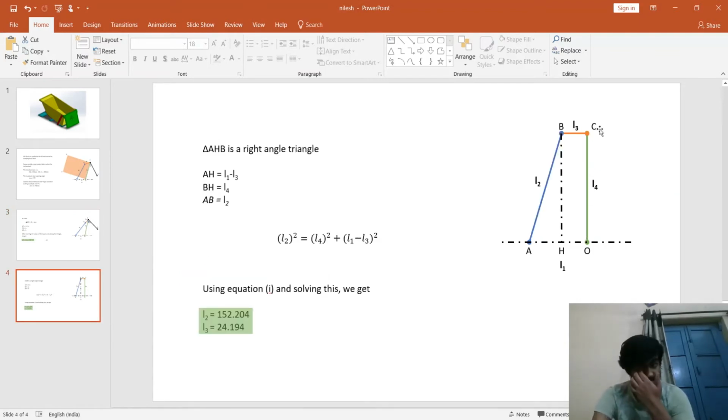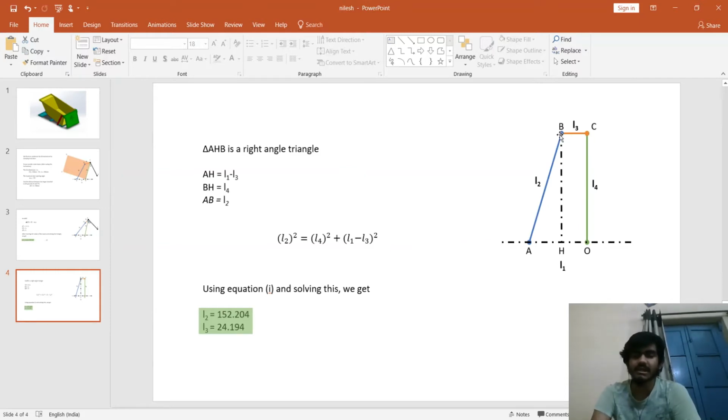So this is our initial condition in which the bin is in the closed state. CJ will become vertical, G will coincide with O, and BC will become horizontal since this angle is 90 degrees.